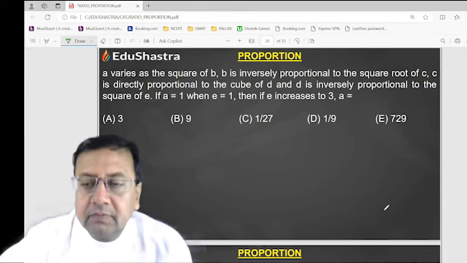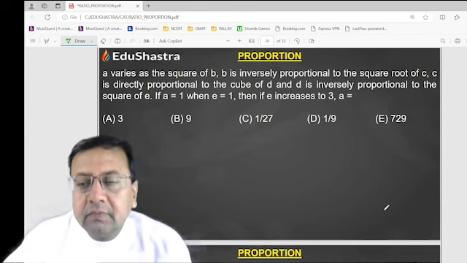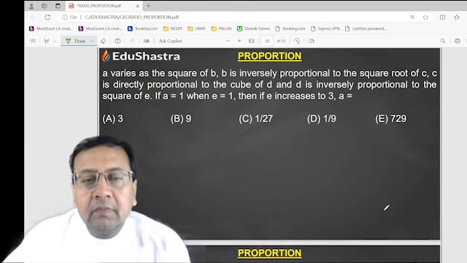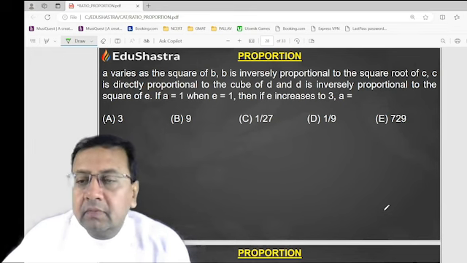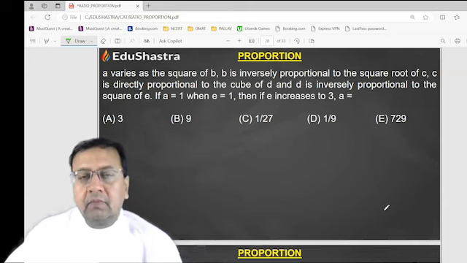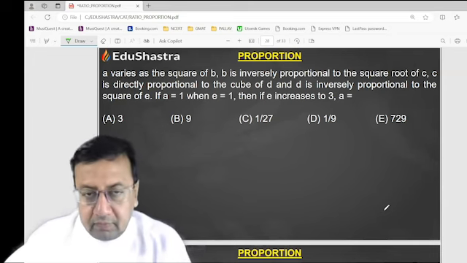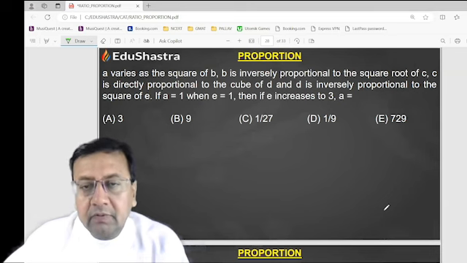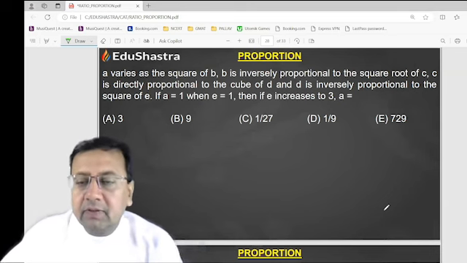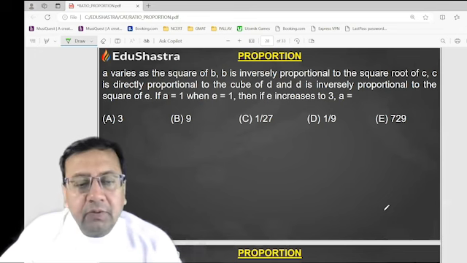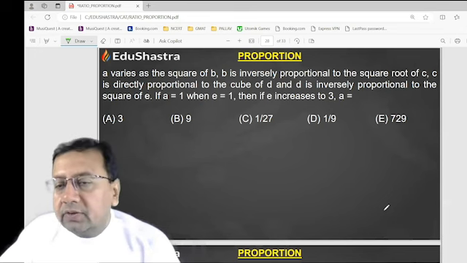So basically, I put the values there and I was able to get A equals 729 into e to the power 6 plus some constant. Since in this case e is equal to 1, sorry, I made a mistake. I didn't calculate the value of the constant. Okay, so just recheck.